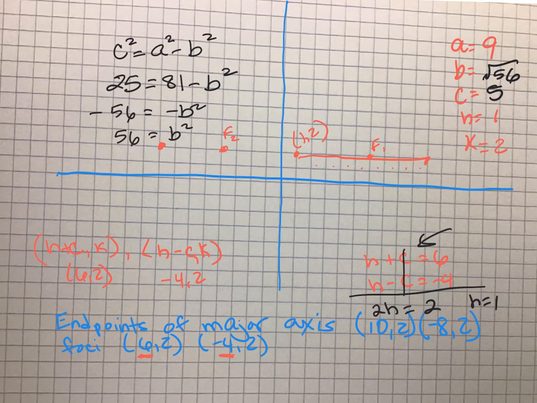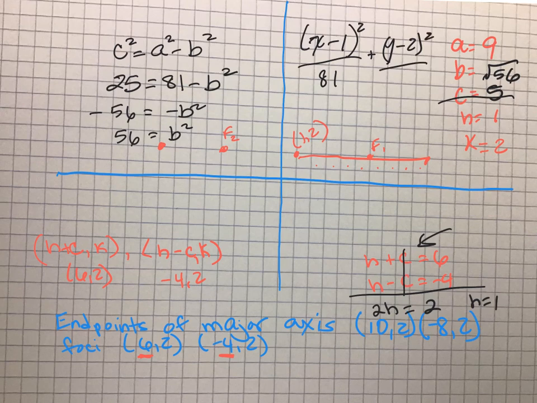We'll leave it as a radical because look what's going to happen. So now we have A, B, H, and K. We didn't need the C. We only needed the C to find B. And we have x minus h squared over a squared plus y minus k squared over b squared.